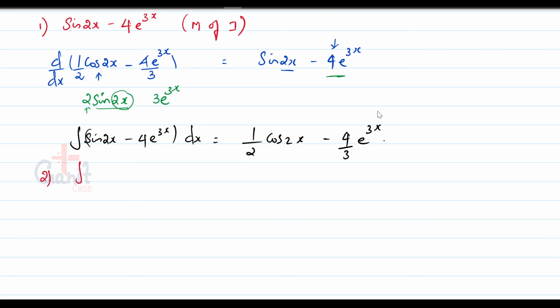Find the integral of secant x in the bracket secant x plus tan x. So we can simplify that. So secant square x plus secant x tan x.